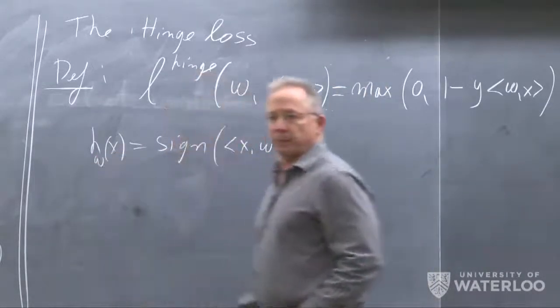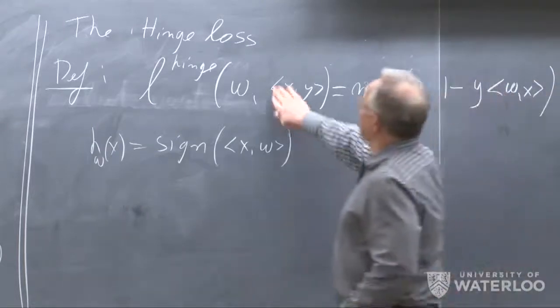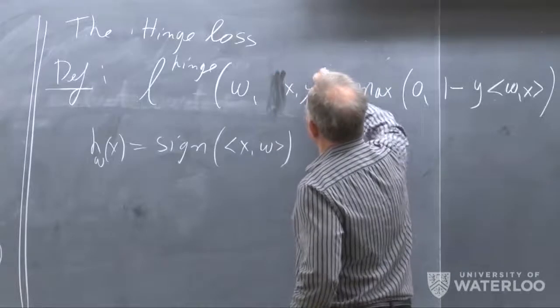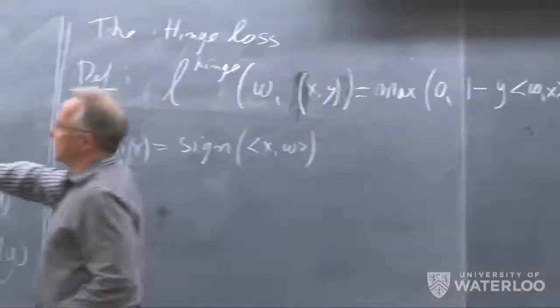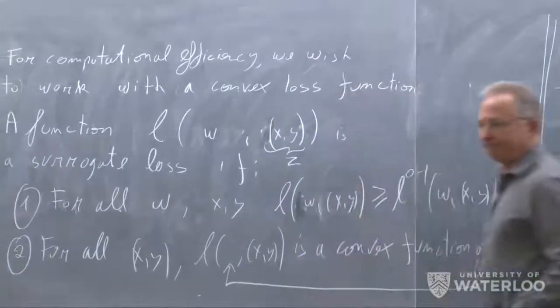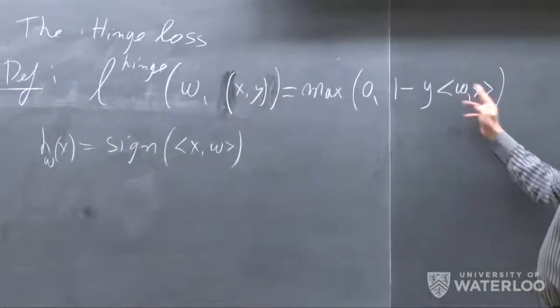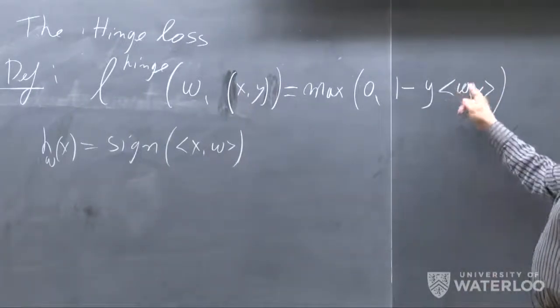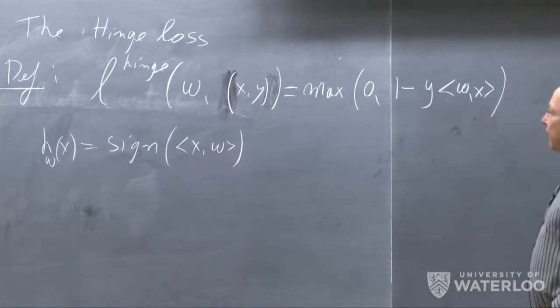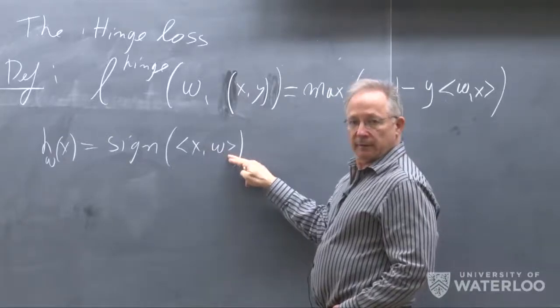That's the predictor that is parameterized by the vector w. Yes? These brackets around (x, y) are round brackets? There should be round brackets. You're right, it's not an inner product. Thank you. So these should be round brackets. But these brackets mean the inner product. Just remember, we are trying to predict with the sign of this dot product.